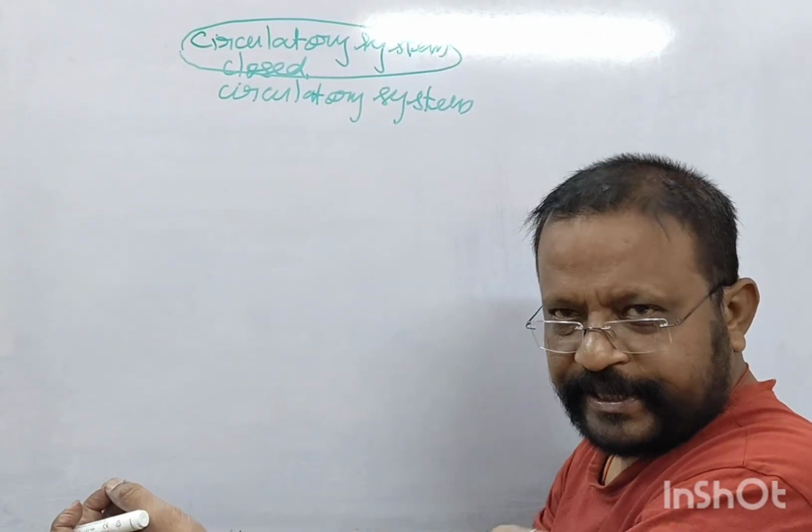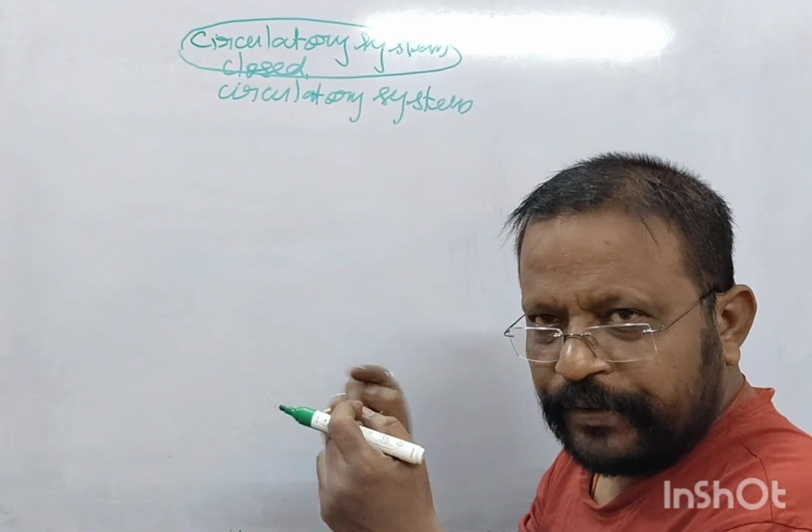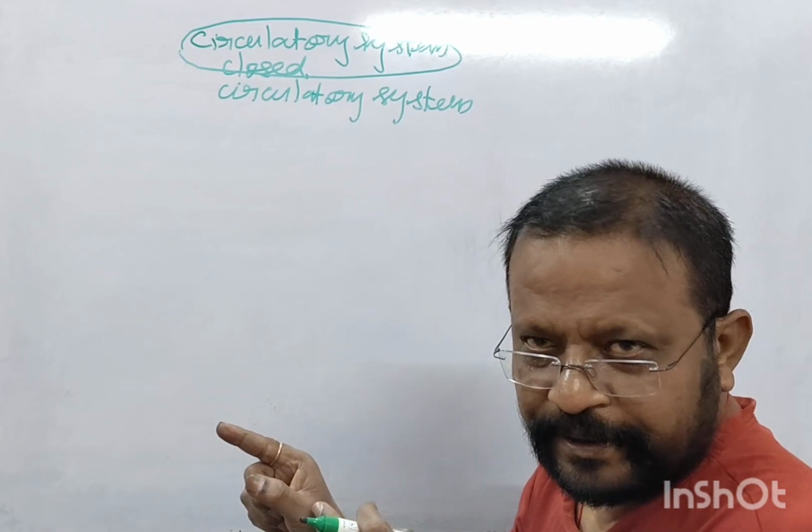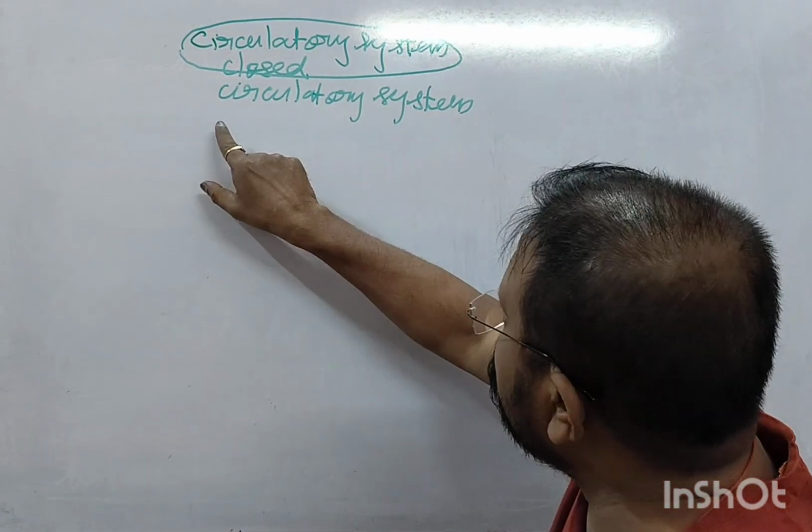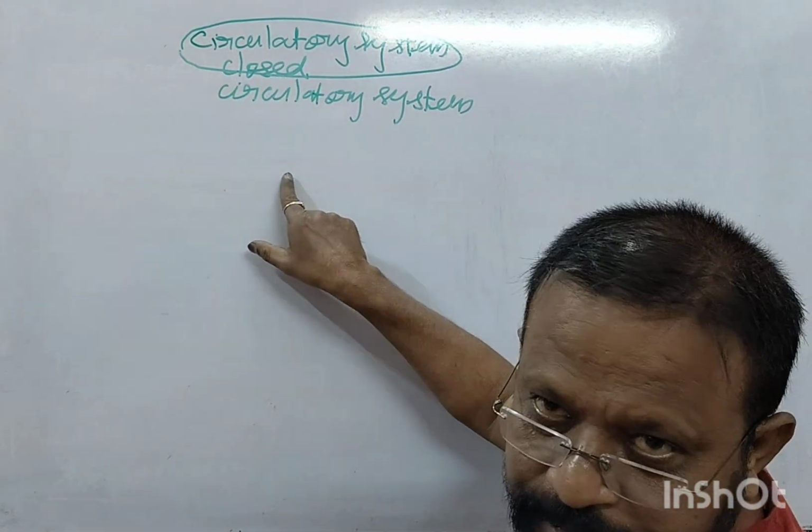There are certain vessels through which blood flows, right? So we have a closed circulatory system.